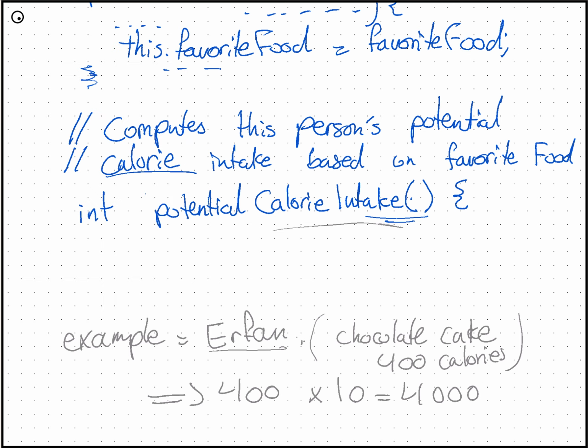All right, so now the next step is to code this. How would I code this? So we'll use the keyword return. Yes. This dot favorite food, I think, because then we need to add calories.